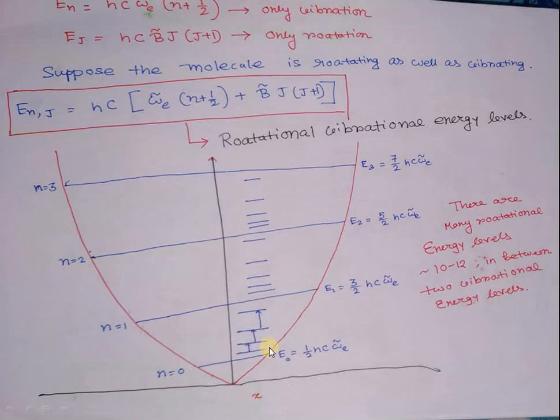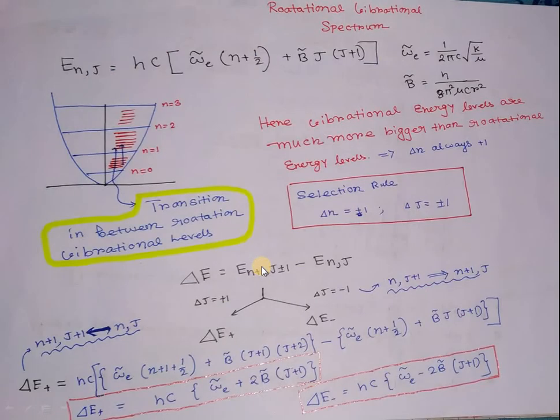So these two will combinedly form the rotational vibrational energy levels, and the rotational vibrational energy levels look like this. Now I will try to describe how this rotational vibrational spectrum will look. Okay, so this is the energy expression when we have to consider both rotation as well as vibration.